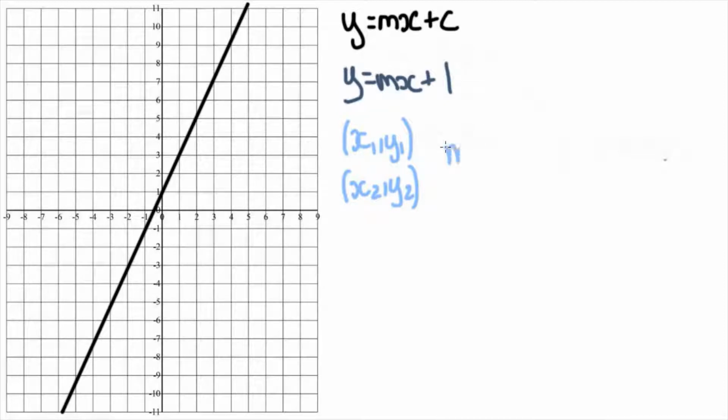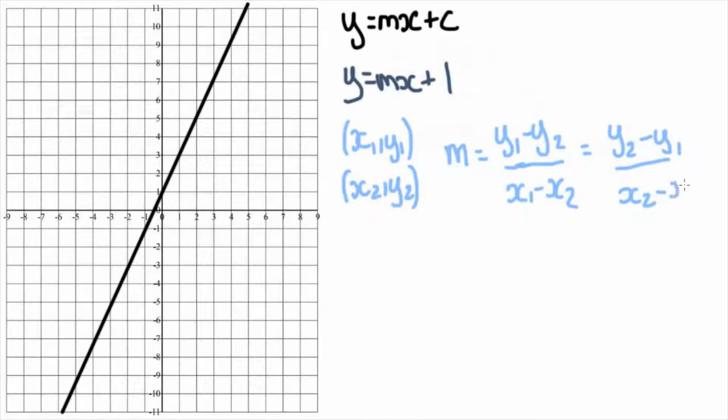We can work out the gradient by doing (y1 minus y2) divided by (x1 minus x2), and that's the same as (y2 minus y1) over (x2 minus x1). It doesn't matter which one you use, they both give the same result. Just make sure that you put the same coordinate first and the same coordinate second each time.